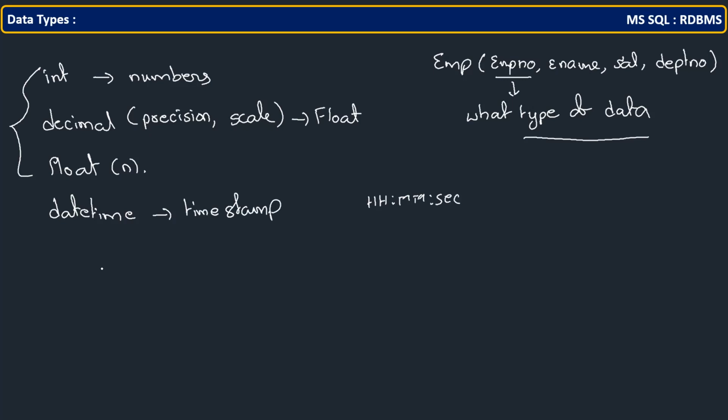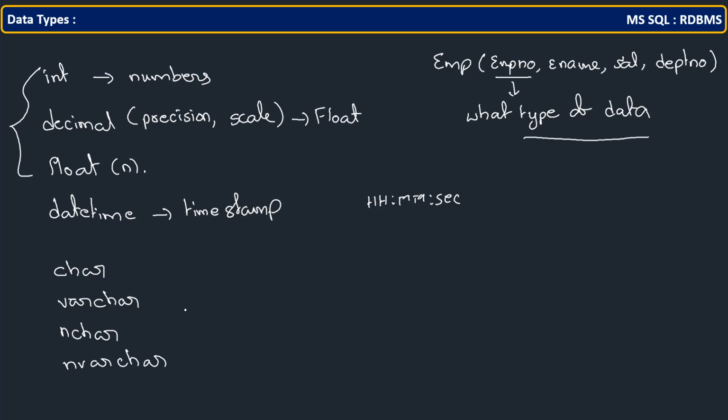And a very important data type we will use is for characters. You have char or varchar, and another one is nchar, nvarchar. We will see those meanings. These are the regularly used data types.